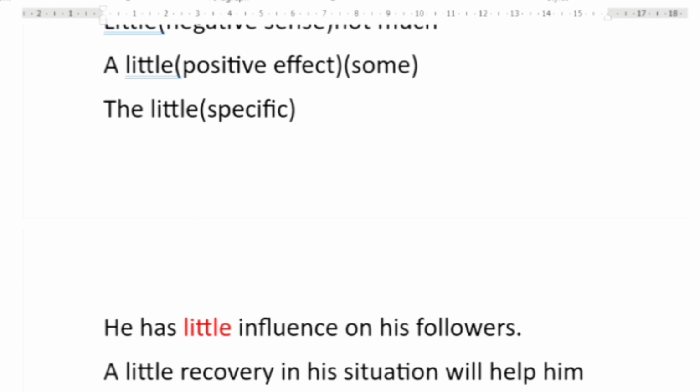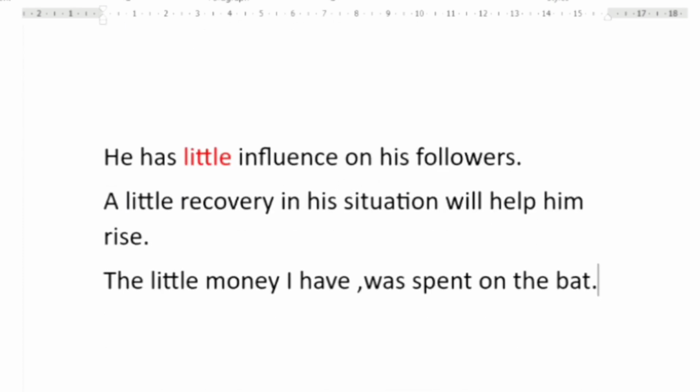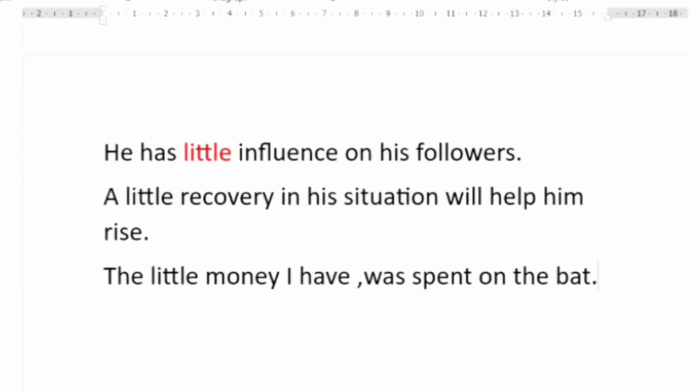Something specific, fixed. For example, the little money I have was spent on the bat. So I'm talking about the specific money I had. So the little we can say is not much but all there is, whatever there is.